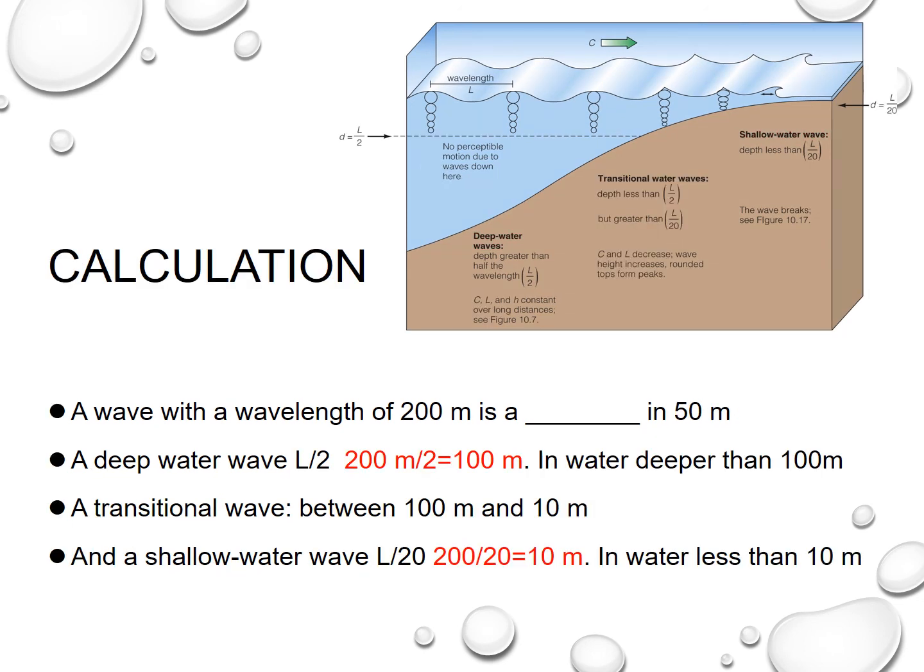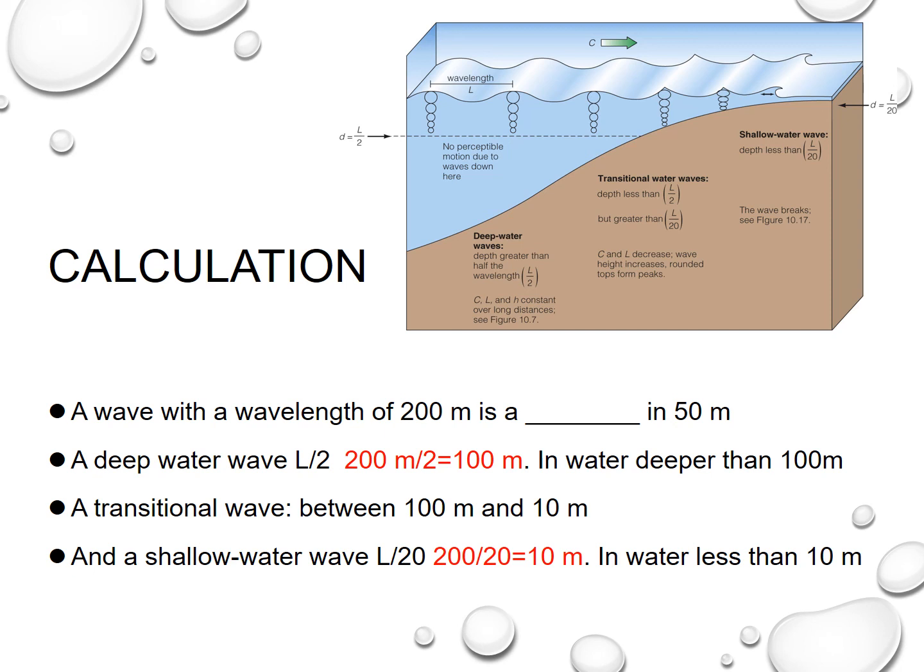So a wave with a wavelength of 200 meters is what in 50 meters? For it to be a deep water wave, we have to take the wavelength and divide it by 2. 200 meters divided by 2 is 100 meters. So for this wave to be a deep water wave, the water has to be deeper than 100 meters.